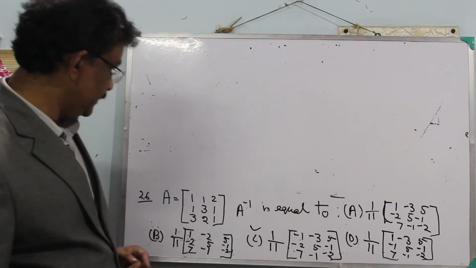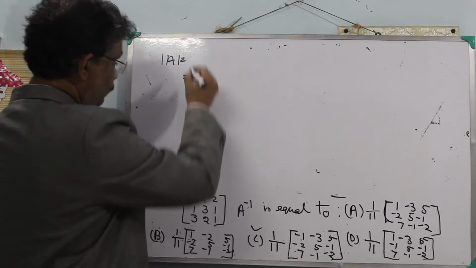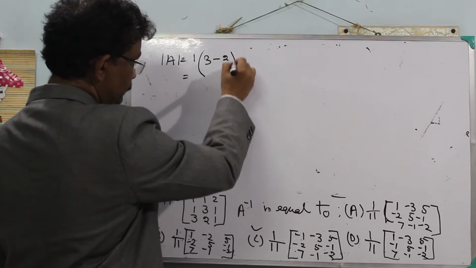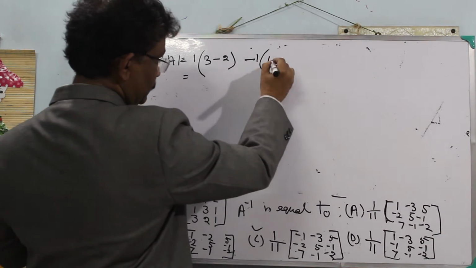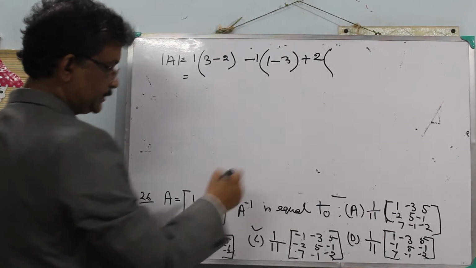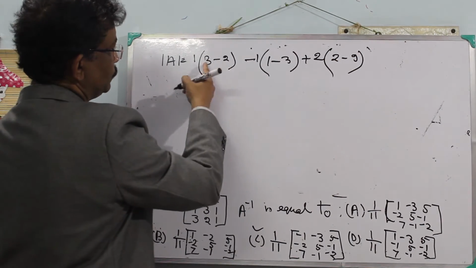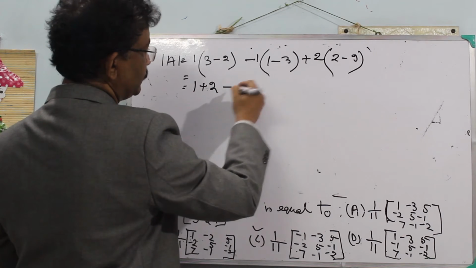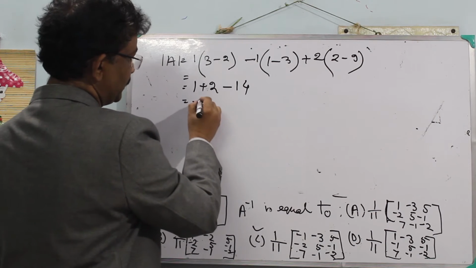Let's see determinant A. So determinant A equals 1 into 3 minus 2, minus 1 into 1 minus 3, plus 2 into 2 minus 9. This gives 1 plus 2 minus 14, which equals minus 11.